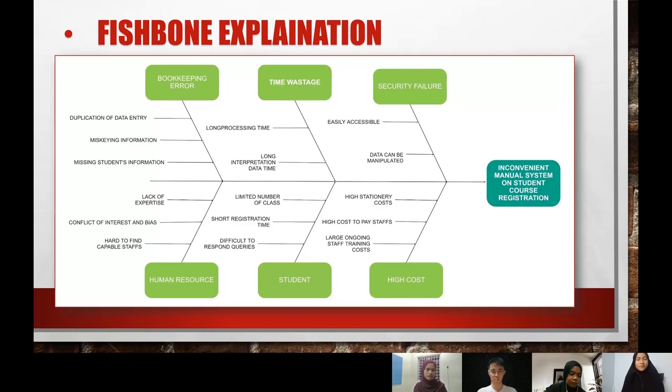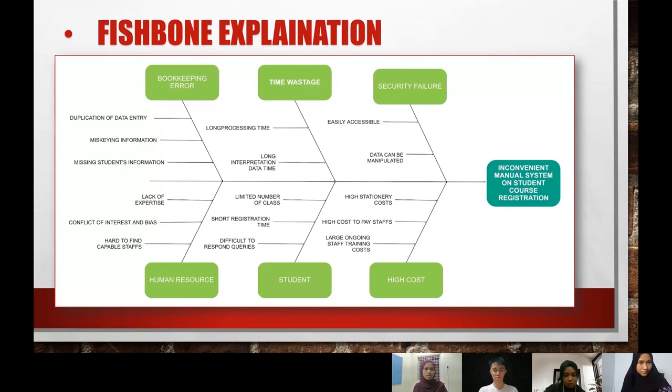Also, it can decrease productivity among workers because they have to focus on only one or a limited task for a long time period. The next issue is related to the students. Students have trouble getting their desired class because of limited class quotas.